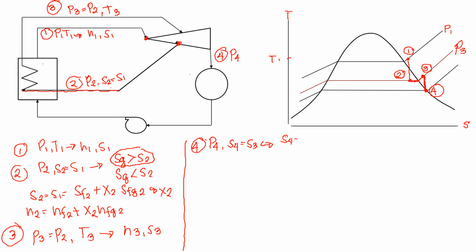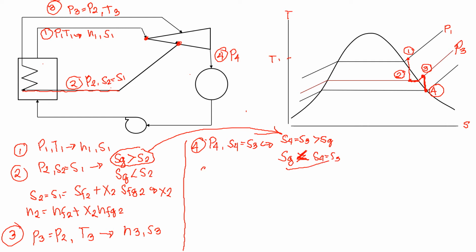But again, we take note that if S4, which is equal to S3, is greater than SG, okay, look at this in this table, we are reversing it, so don't get confused, we are reversing the value, or we say SG is lesser than S4, which is equal to S3, then it is superheated.